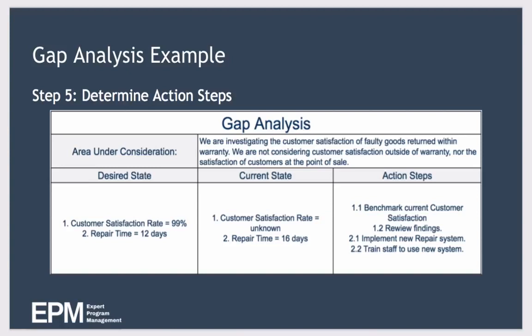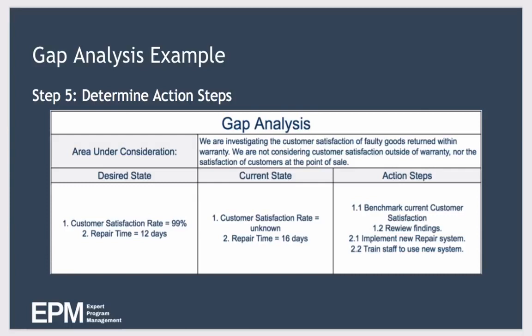Now, through the completion of its gap analysis, the company has clearly articulated the exact metrics it wishes to improve and by how much it wishes to improve them. It has understood exactly where it stands now for each of those metrics, and it has created a solid action plan to address the gap between the current state of each metric and the desired state.